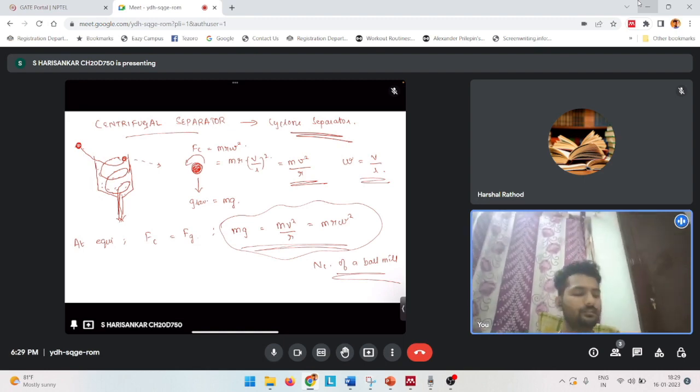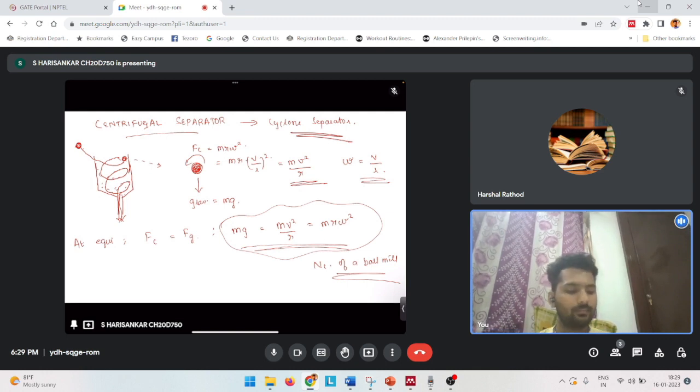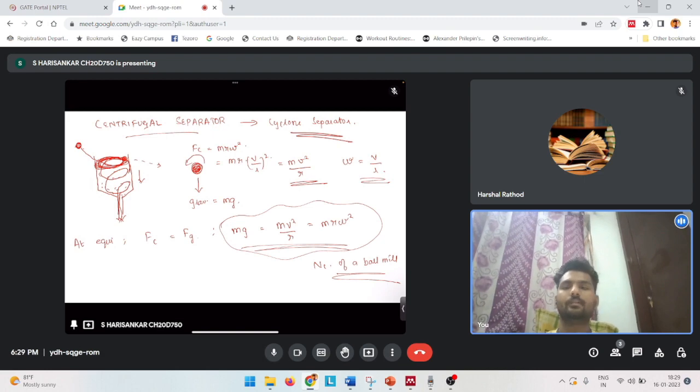But this is not required in a cyclone separator, because if this is at equilibrium, that means the particle won't be moving downwards. It will just keep rotating like this, because both these forces are in equilibrium. So we don't need this equilibrium here. What we do need is something called the separation factor.